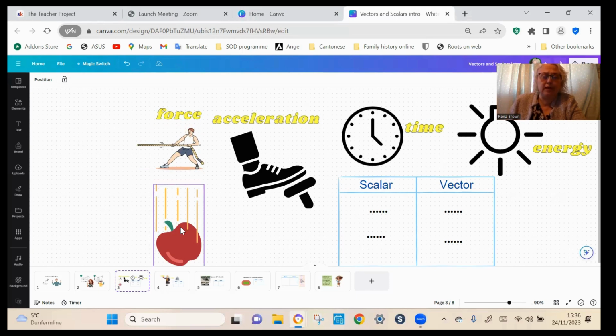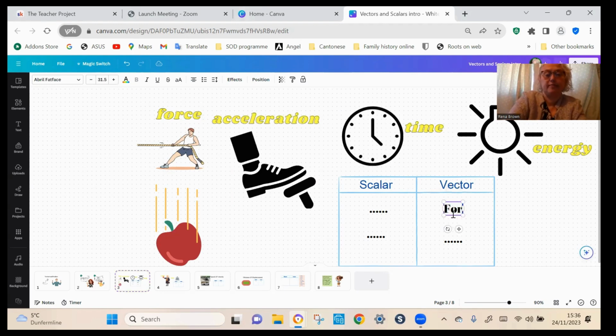Is the apple falling in a specific direction? Yes? Okay. So which one of these, scalar or vector, has a magnitude and a direction? Vector, right? So what we can do in here is put force.